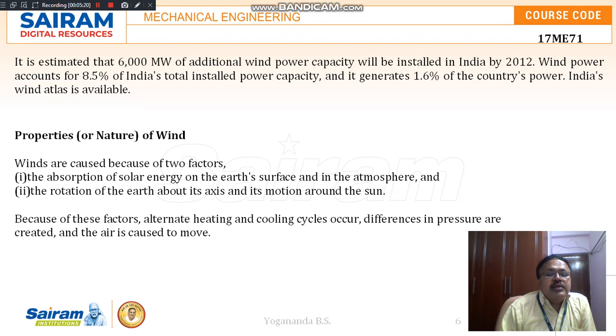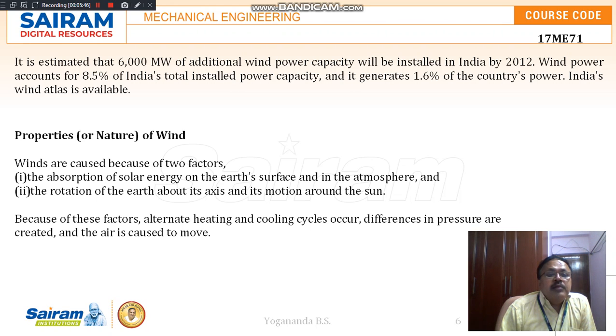It is estimated that 6,000 megawatts of additional wind power capacity will be installed in India by 2012. Wind power accounts for 8.5% of India's total installed power capacity, and out of the country's entire power, 1.6% was generated from wind energy.